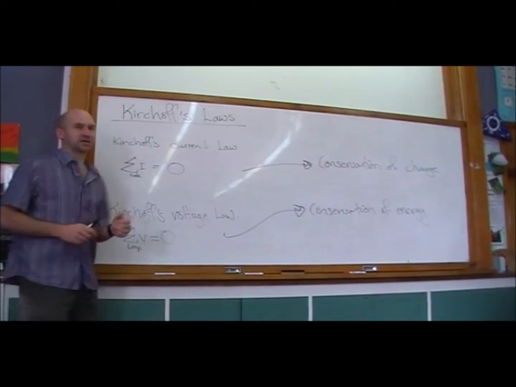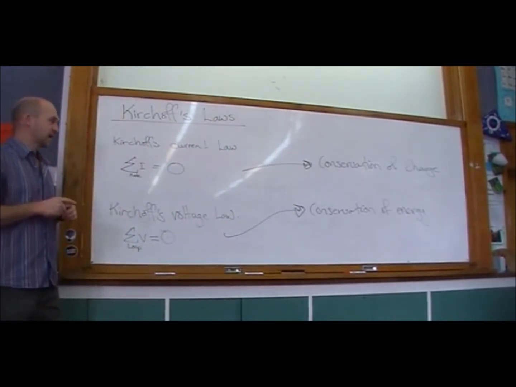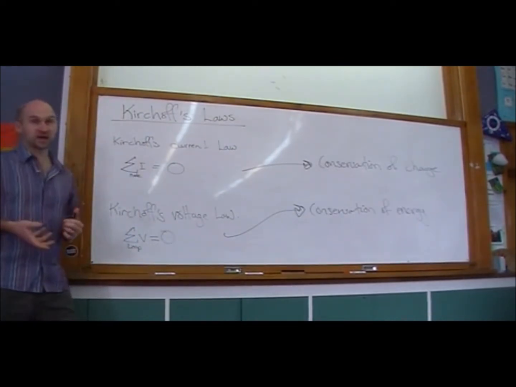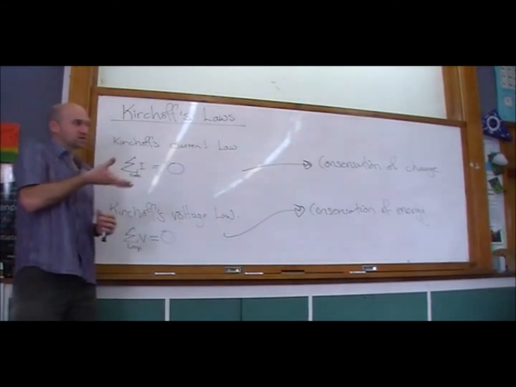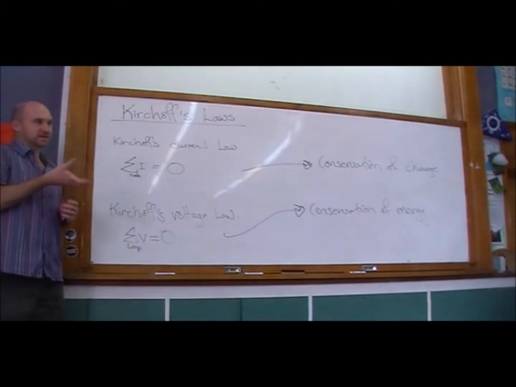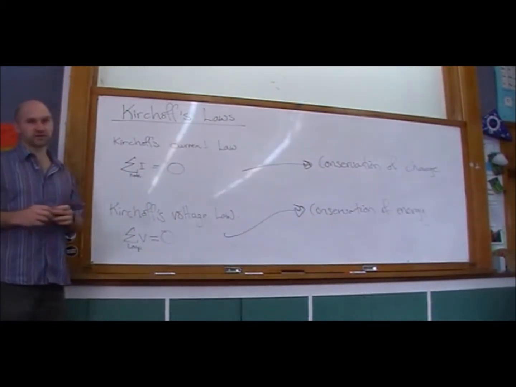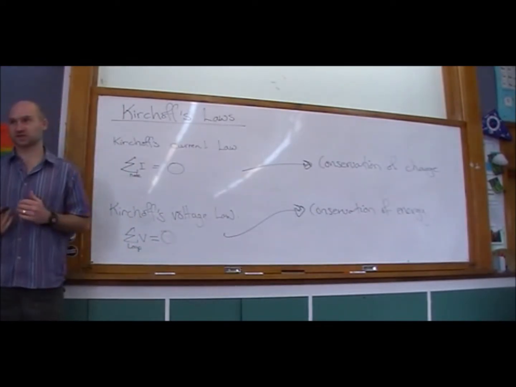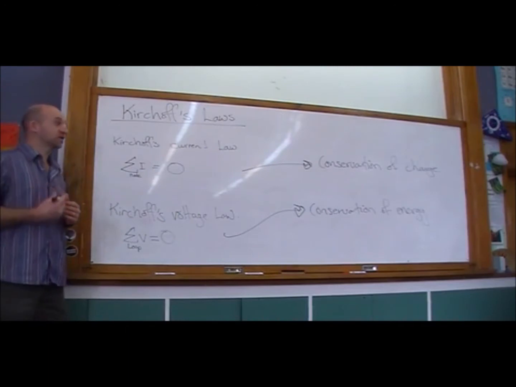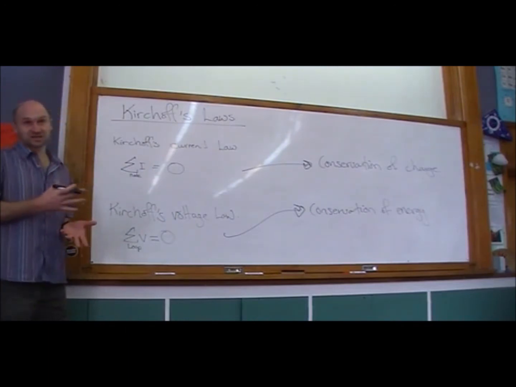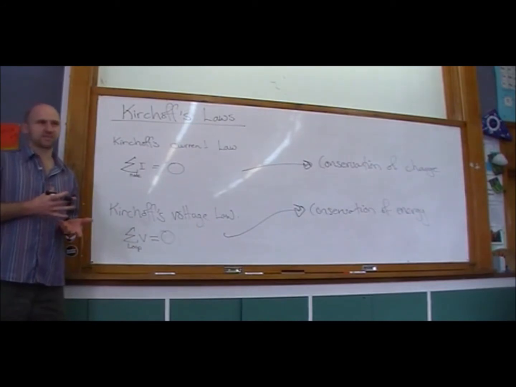The reason why it's a little bit tricky is that we're going to have some elements in the circuit that add voltage in and others that take voltage out. For instance, when current flows through a resistor, the resistor's dissipating that electrical energy as heat, whereas a power pack adds energy into the circuit.